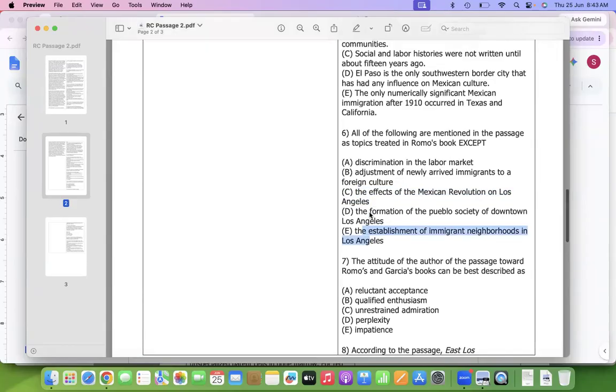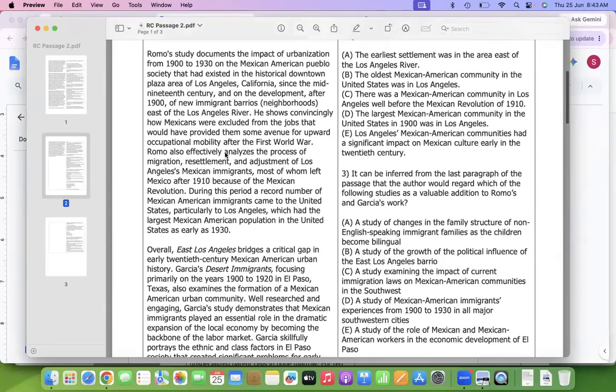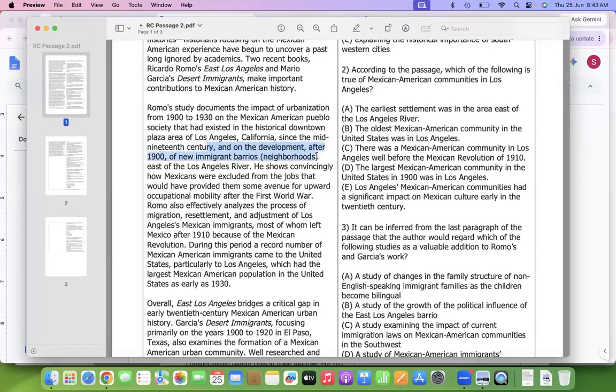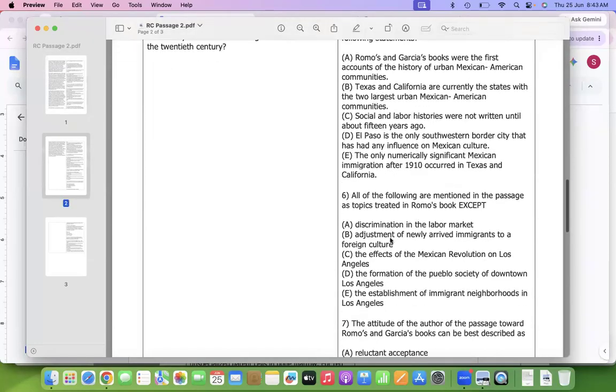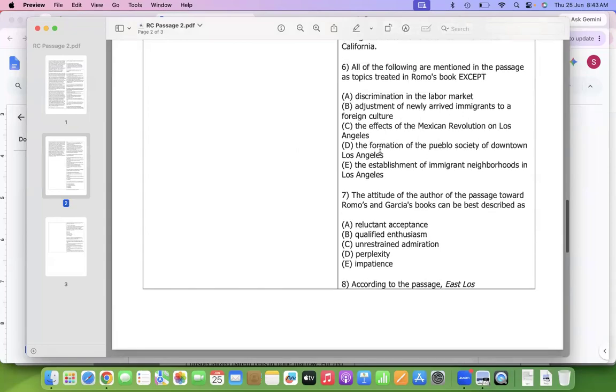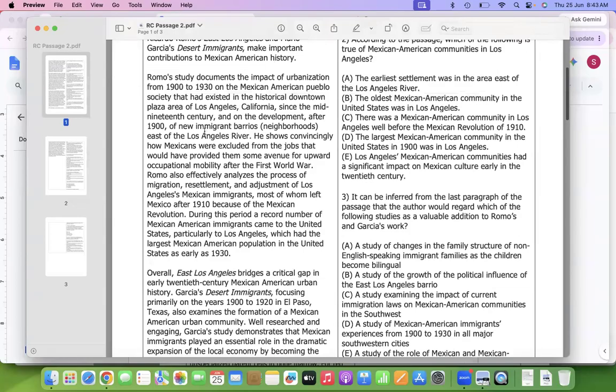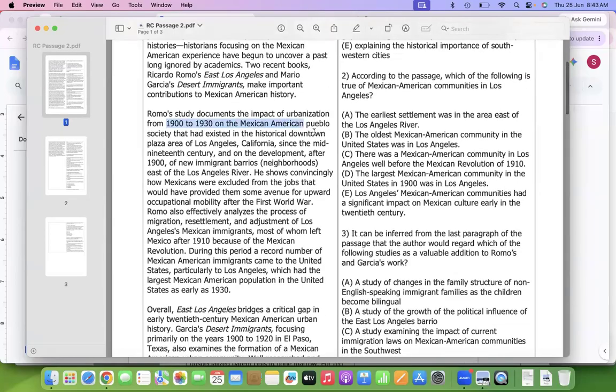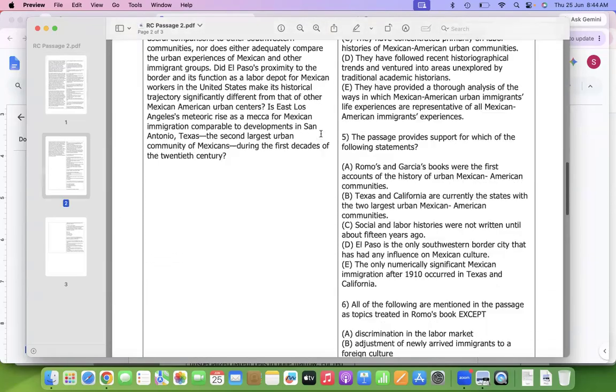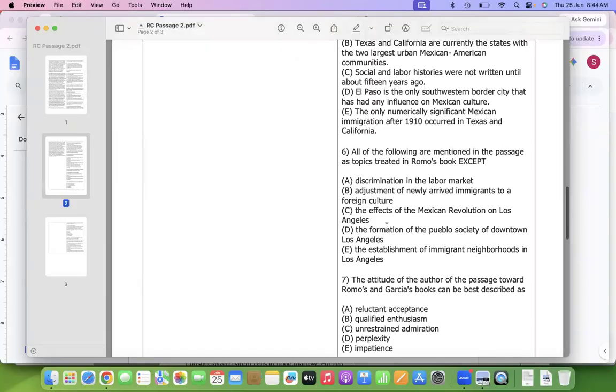Establishment of the neighborhoods is also there. But the formation of the society, that we don't know. We know that they studied the society that had already existed. But when did the society get formed? That's not discussed. That is why the correct answer is D.